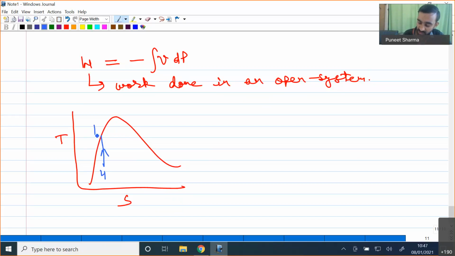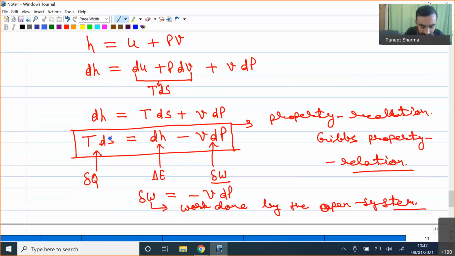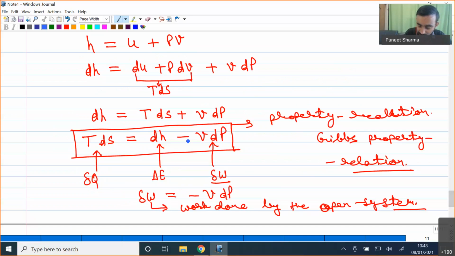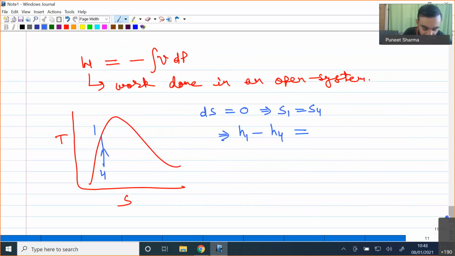For this process, entropy will be constant, so ds equals 0, because S1 equals S4. Now, from this property relation, H1 minus H4 will be equal to the integral of VdP, the integral of specific volume times dP, taken from 4 to 1.